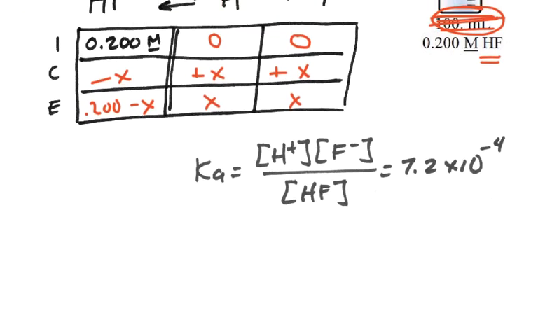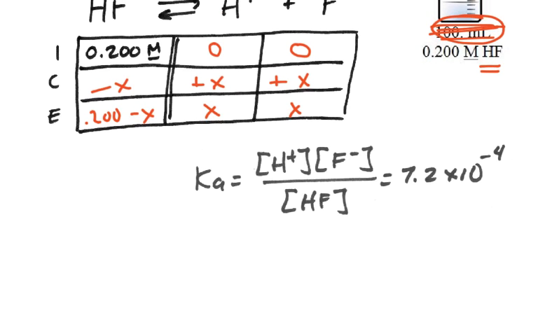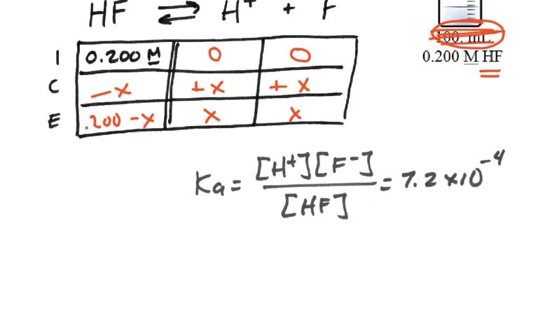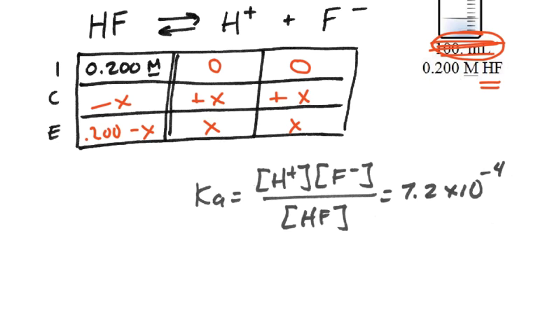Now we can take these values and put them into our Ka expression, and our Ka expression is [H+][F-] over [HF]. We have the value for that, and we would have X times X all over 0.200 minus X, and that equals 7.2 times 10 to the negative 4.